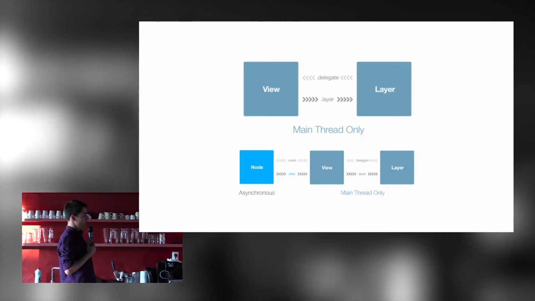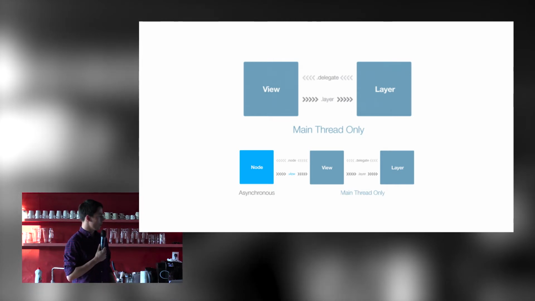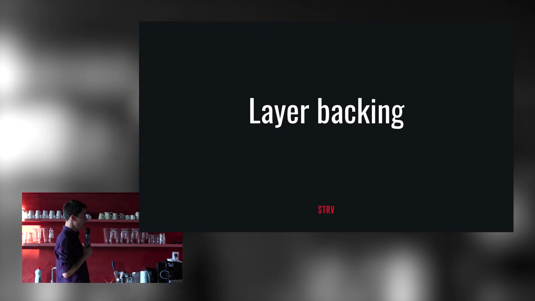How it is possible is that AsyncDisplayKit has one nice feature called layer backing. Layer backing means that every node is, as I said, rendered to the layer of its superview. So I will show you here. This is UIKit, and here you have one table view cell.